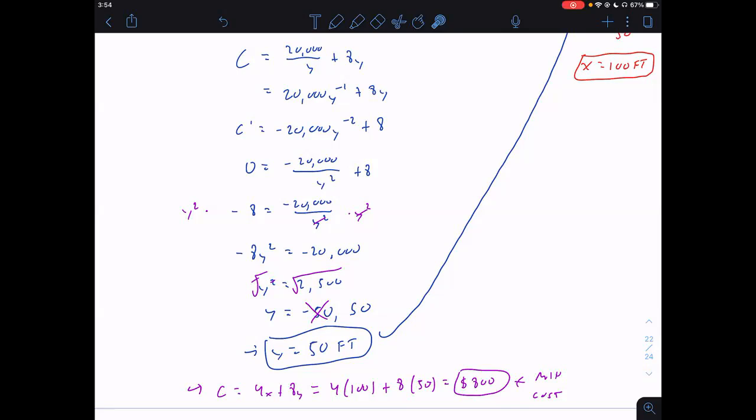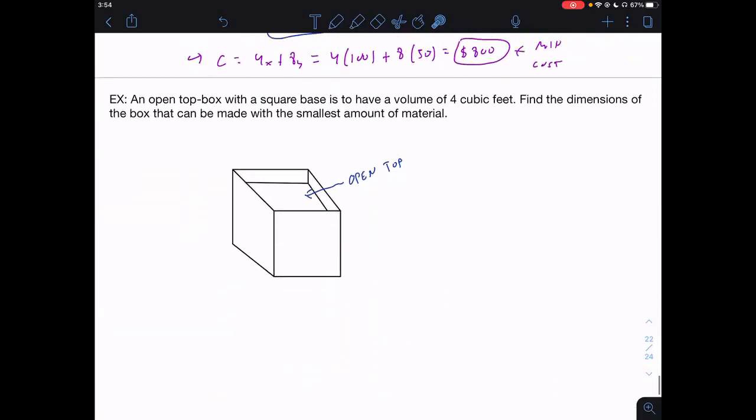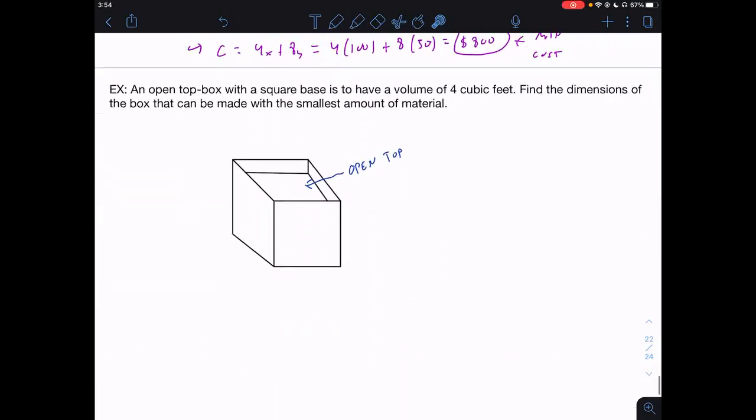All right, let's do one more here. Let's do one with some more shapes. Okay, suppose for this problem, we have an open top box with a square base. And suppose for this open top box, we wanted to have a volume of 4 cubic feet.